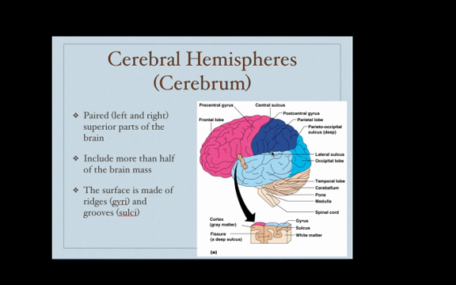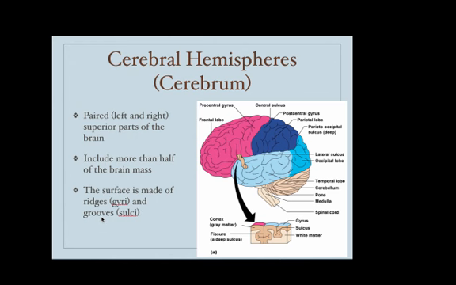The ridges are called gyri, so those are the raised up parts. And then the grooves are called sulci, which are the indents. We can see here a couple of important sulci. Here's the central sulcus, which divides the pink from the purple regions. Here's a lateral sulcus, which is dividing this light blue section from what's above it.